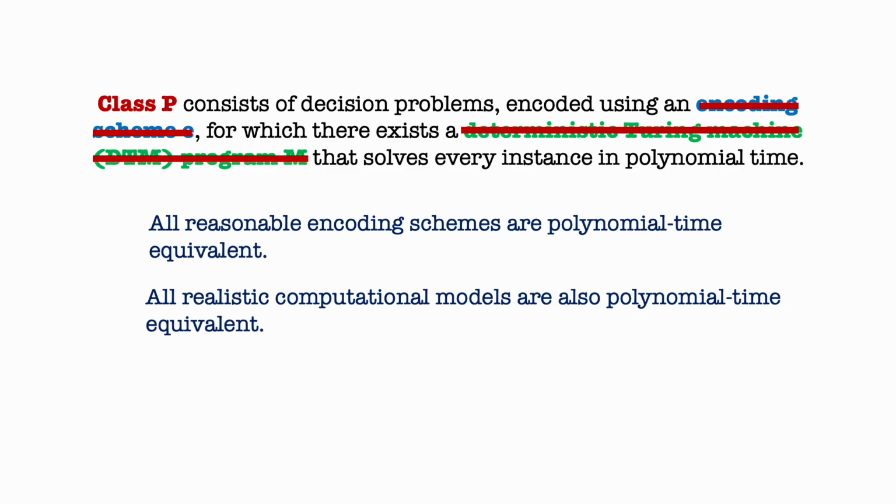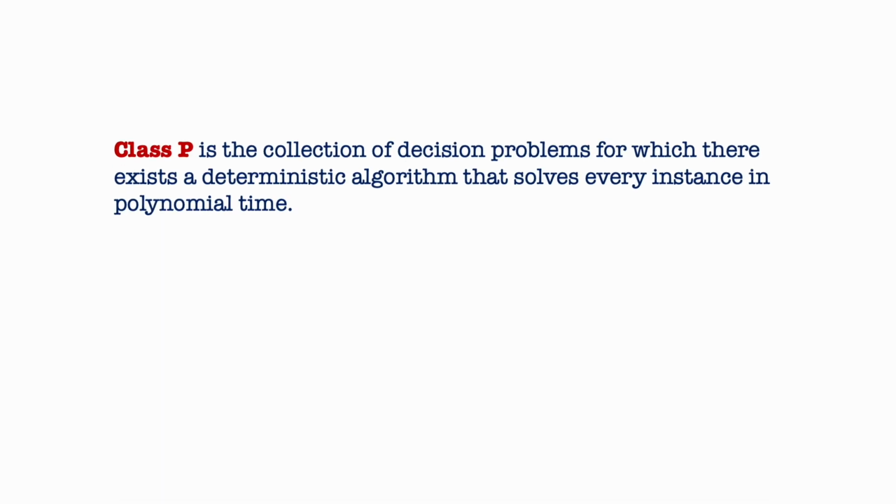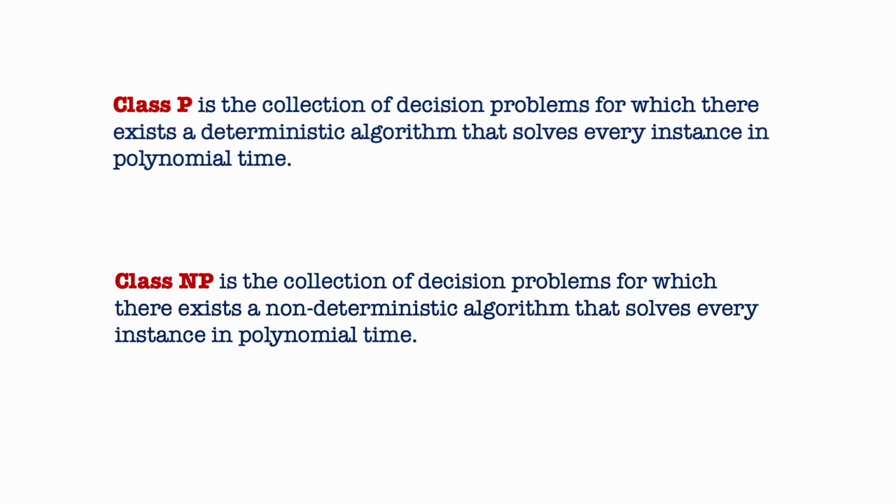All realistic computational models are also polynomial time equivalent. Therefore, we can define class P more simply: class P is the collection of decision problems for which there exists a deterministic algorithm that solves every instance in polynomial time. Similarly, we can define class NP more simply: class NP is the collection of decision problems for which there exists a non-deterministic algorithm that solves every instance in polynomial time.